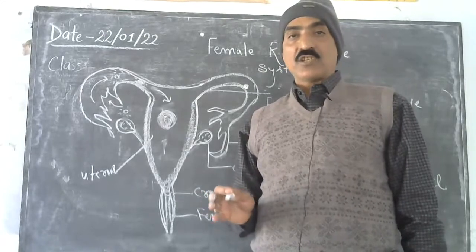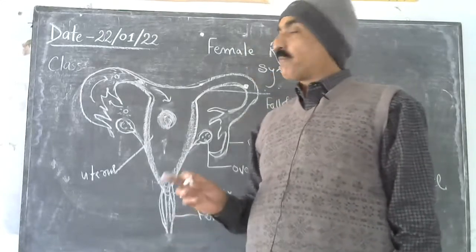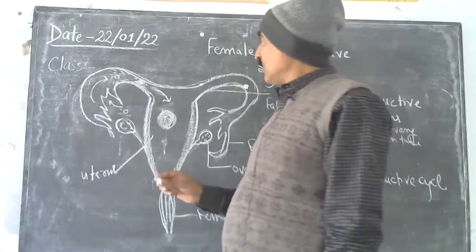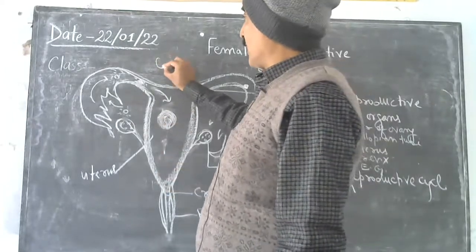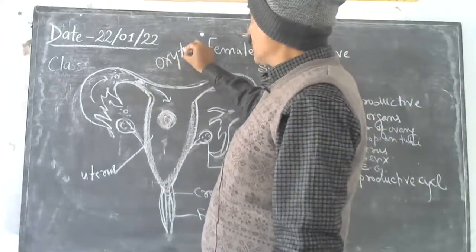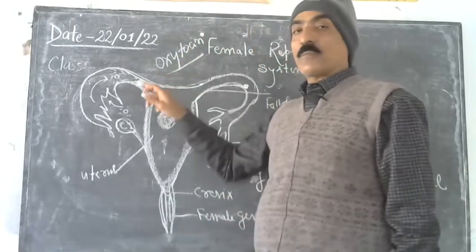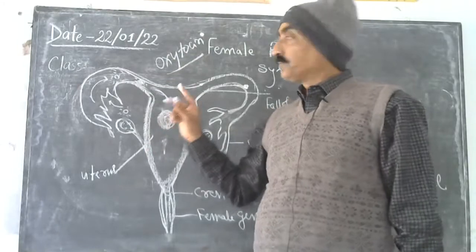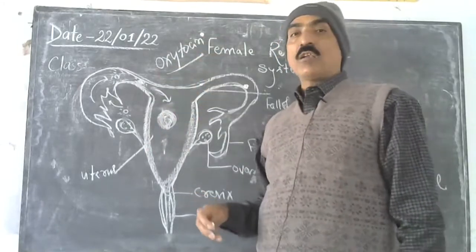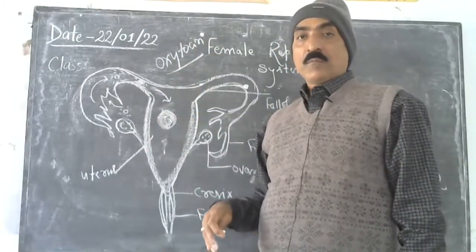So childbirth is called parturition, but in parturition a hormone is involved, and that is called oxytocin, the hormone that is released from the pituitary gland. This hormone is called the birth hormone.